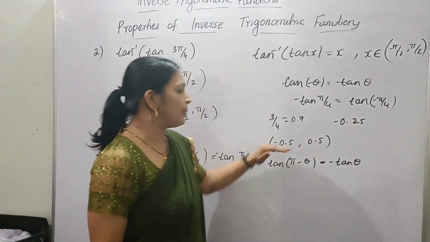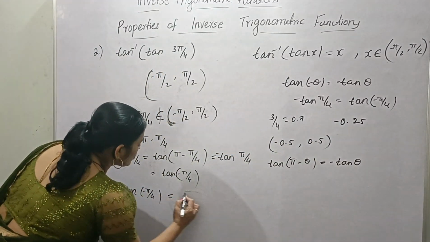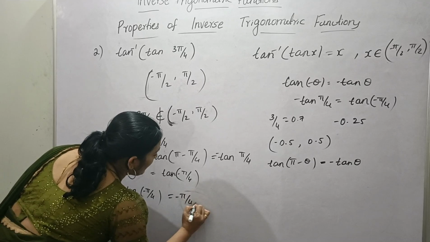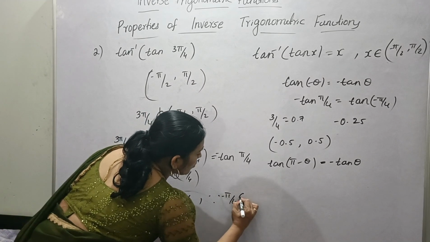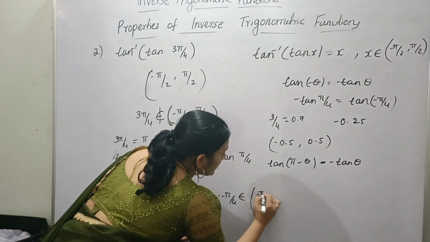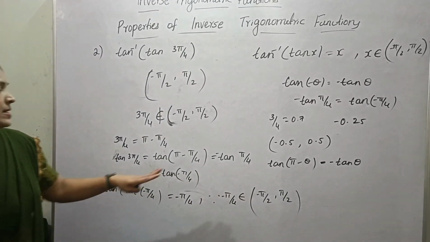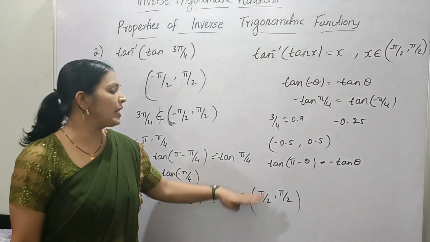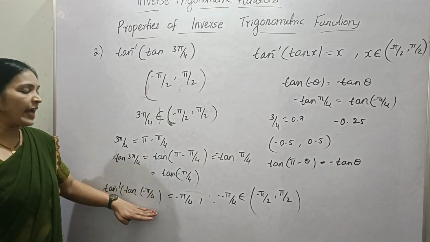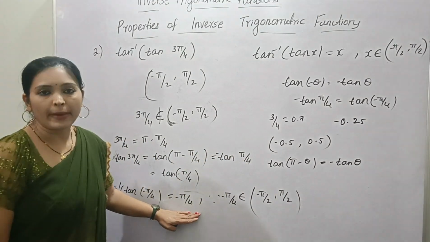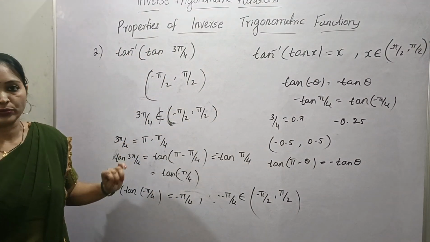Therefore, tan inverse of tan of minus pi by 4 is equal to minus pi by 4, since minus pi by 4 belongs to the interval minus pi by 2 to pi by 2. So its value is nothing but minus pi by 4.